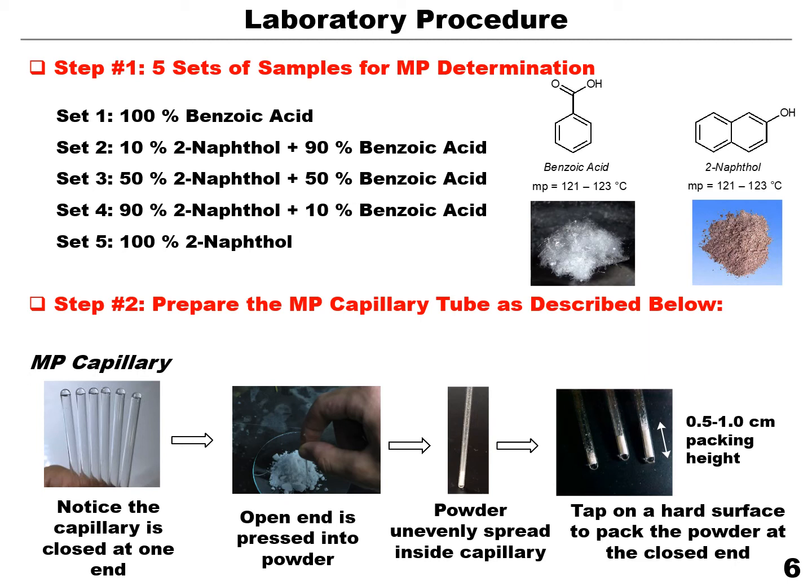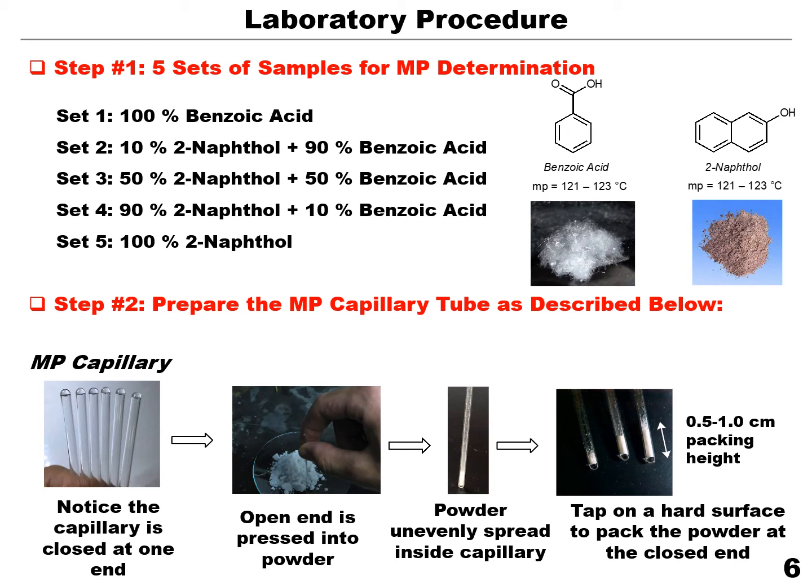When we have the samples, we must have them in fine powder. That's because if our powder is coarse, there will for sure be air pockets in between the samples, which lead to uneven heating of the sample, which ends up giving a wrong reading for the actual melting point of the sample.